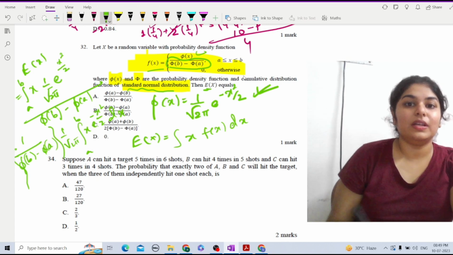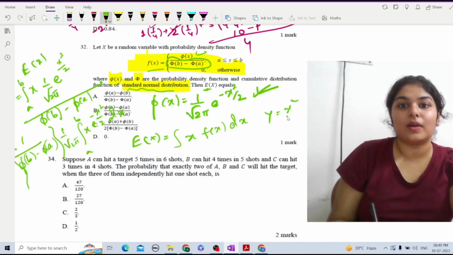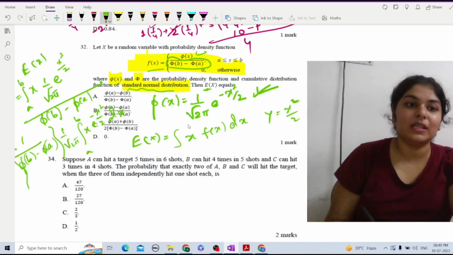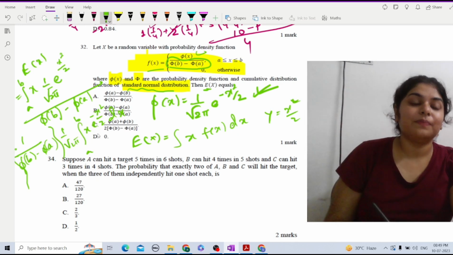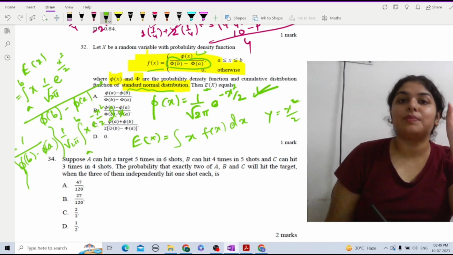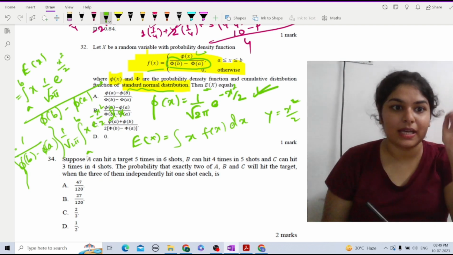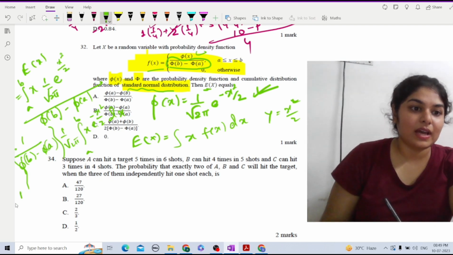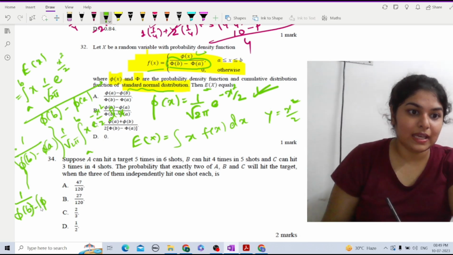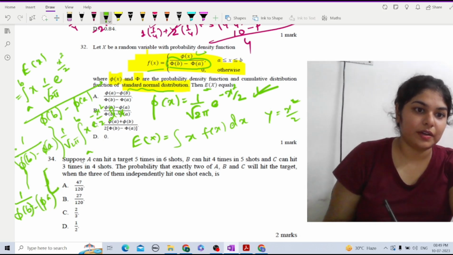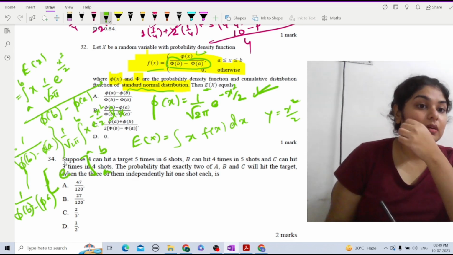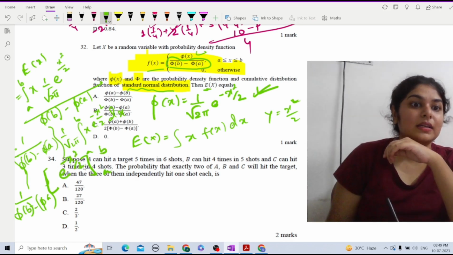Now as we know, if we take y equals x square by 2, ultimately it will come down to the integral of e to the power minus y dy. So if we take the direct integration, I'm just going to write down the direct answer here. That is, we have 1/(Phi(b) minus Phi(a)), we have already integrated between a to b, and here we have e to the power minus x square by 2.